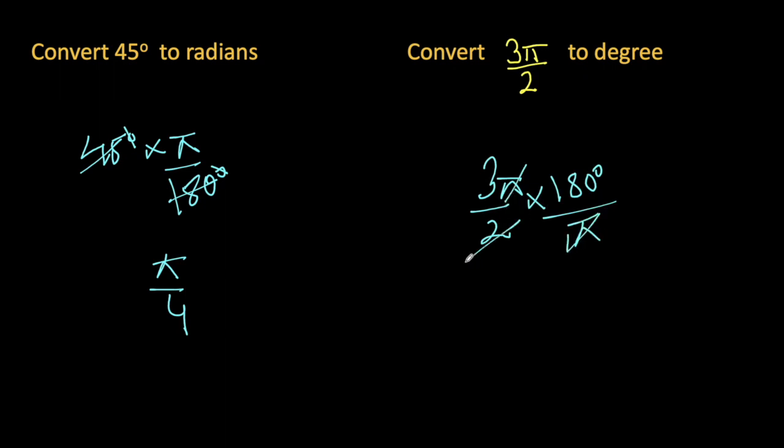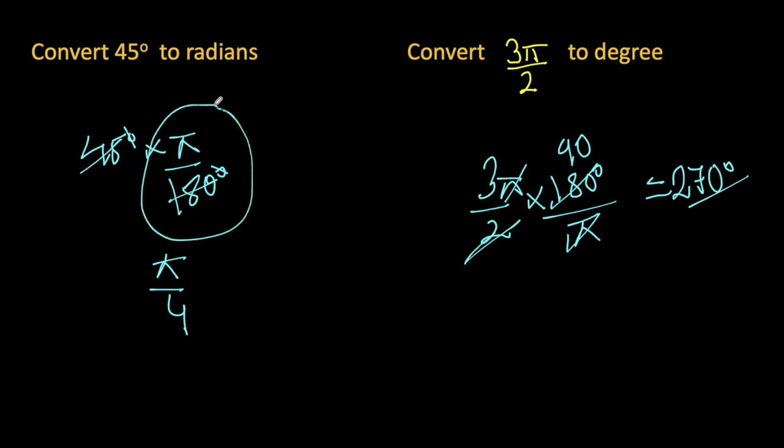Pi will be cancelled out, and this will divide. You will get 90, and this will give you 270 degree. So this is the way you have to convert radian to degree and degree to radian. You just have to remember these things. The conversion factor for radian conversion is this one, and the conversion factor for degree is this one.